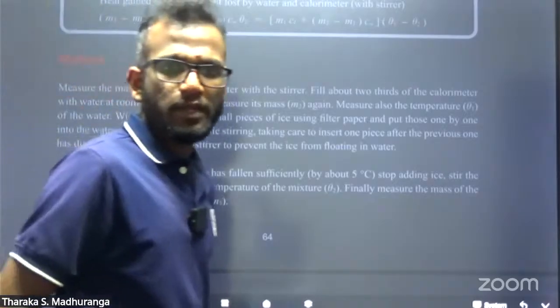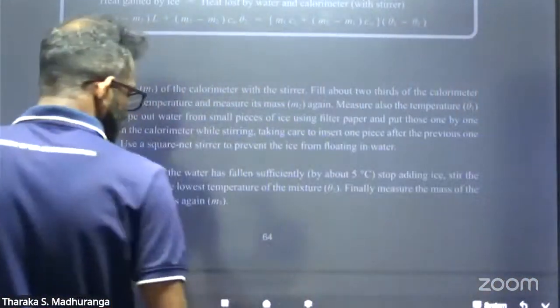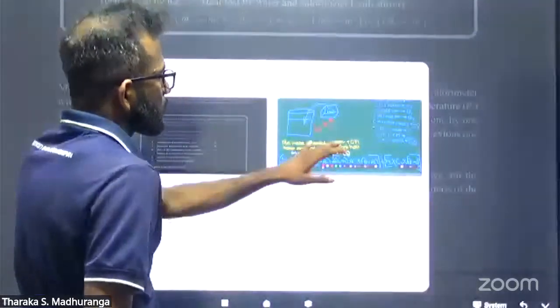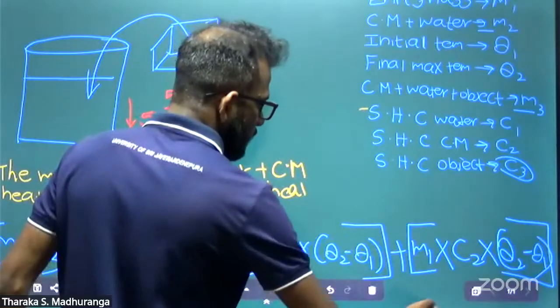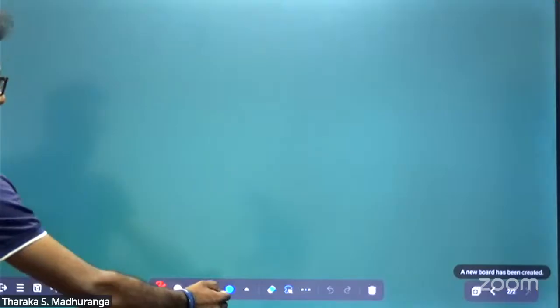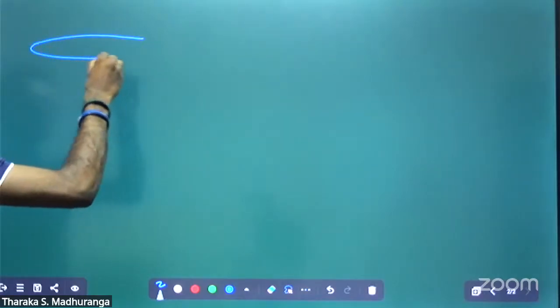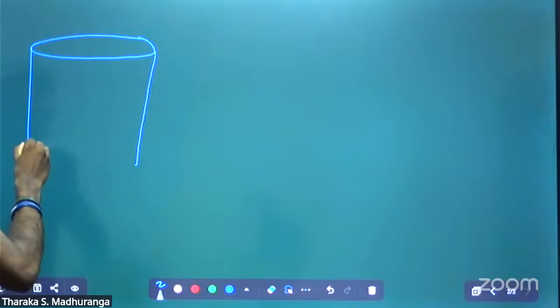I will explain this practical very simply on the board and then come to the practical guide. This is probably the practical in the paper. First of all, you need to get a calorimeter, as you used earlier, a calorimeter like this.